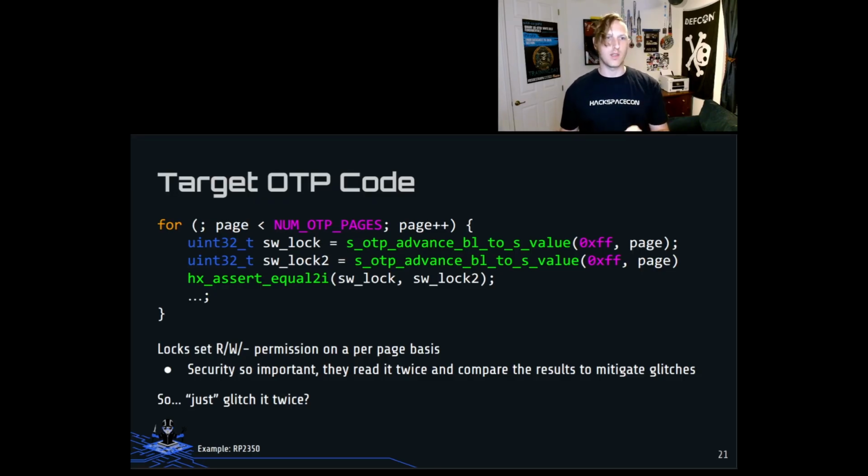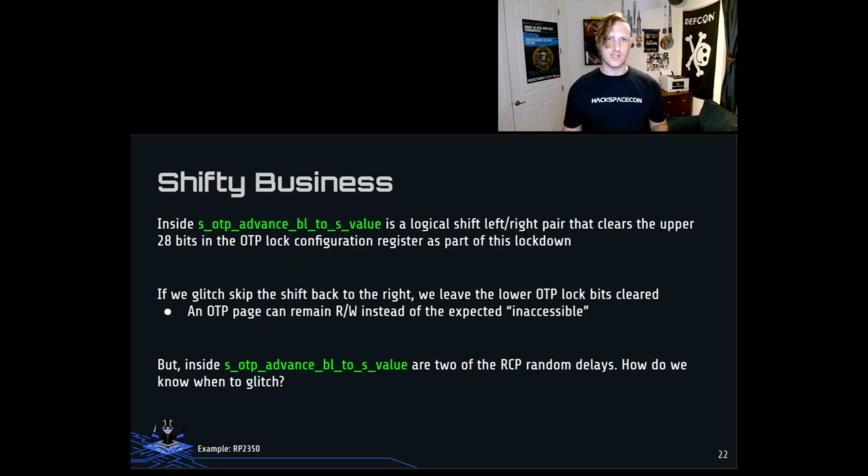As we look at what's happening, its security is important: they read the value of this configuration register twice and then assert that the value is exactly the same. So could we just glitch it twice? And if we glitch it twice, will it have the exact same value each time? It sounds like an impossible task, but let's look at what's inside that function. Inside there is a logical shift left and right pair.